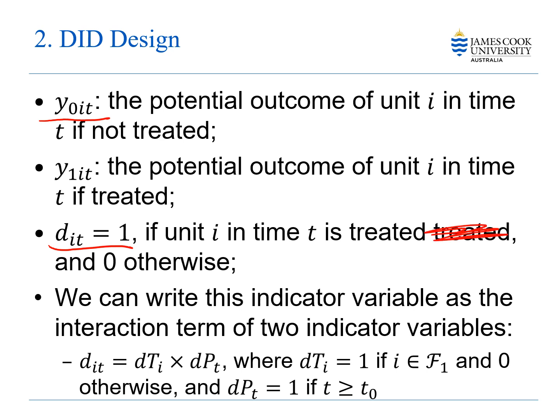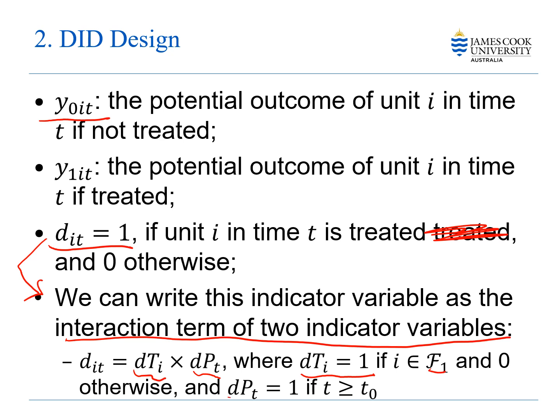Typically it is helpful to write this treatment status as the interaction of two indicator variables. So dit is dti times dpt. dti takes 1 if the unit is in the treatment group F1, 0 if it is in the untreated or control group. This does not vary over time.